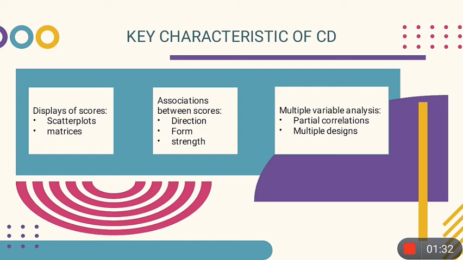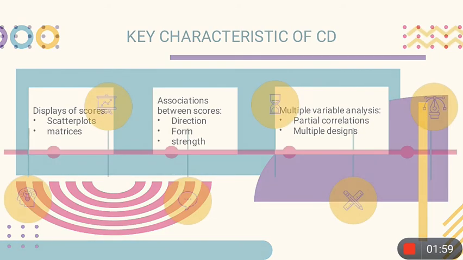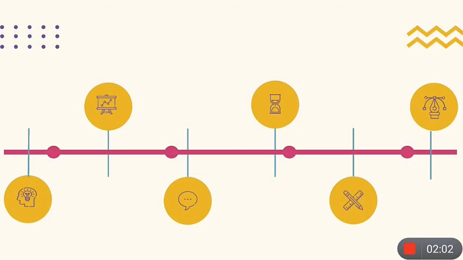This allows researchers to identify the type of association among variables and locate their scores. Most importantly, this plot can provide usable information about the form of the association. And the matrix: correlational research typically displays correlation coefficients in a matrix. A correlation matrix presents a visual display of the correlation coefficient for all variables in the study.